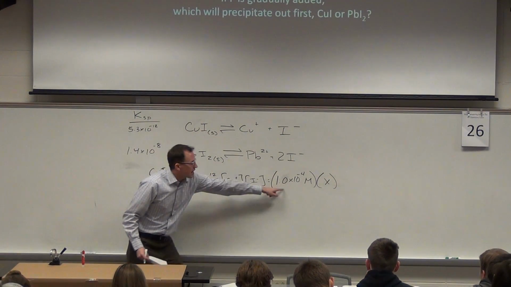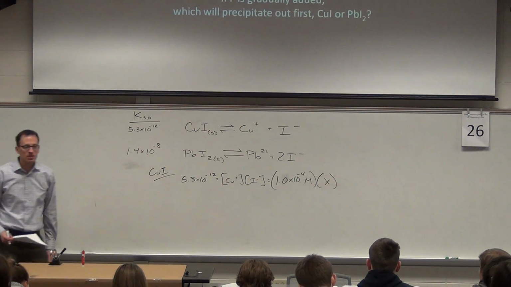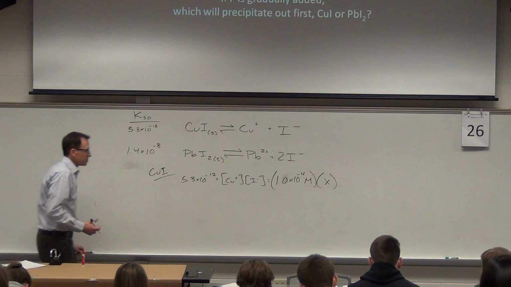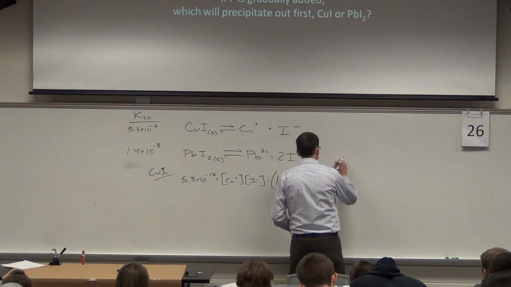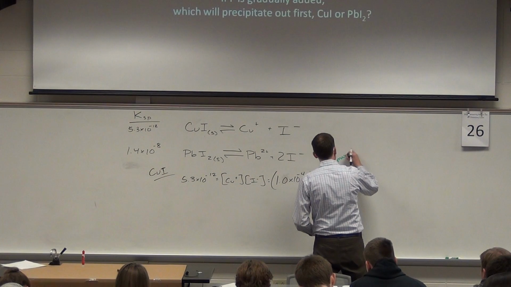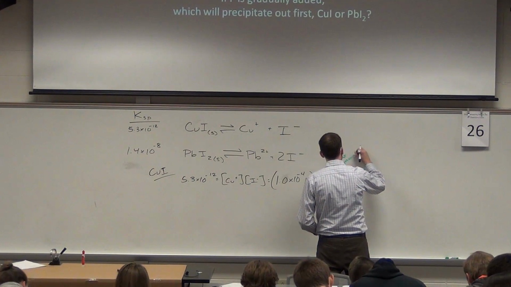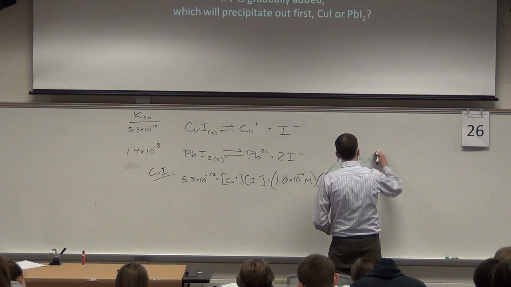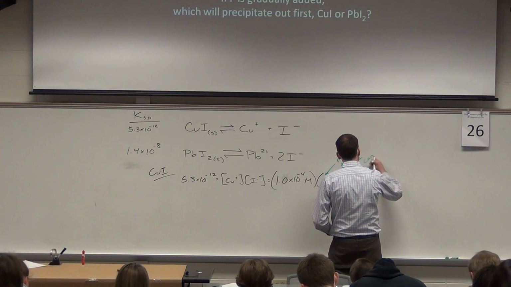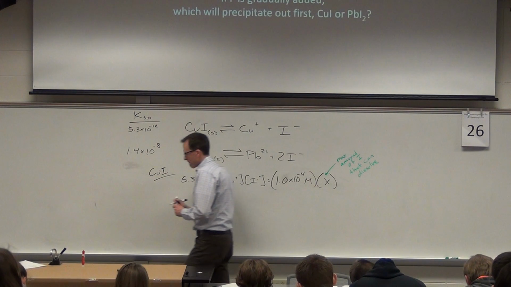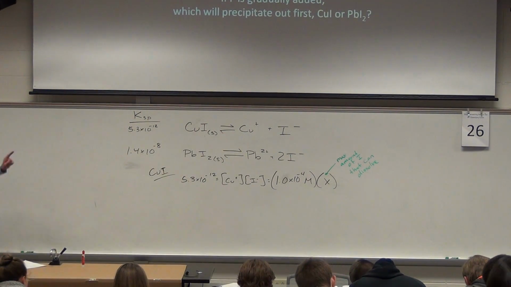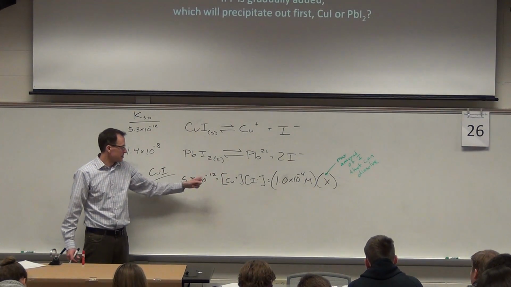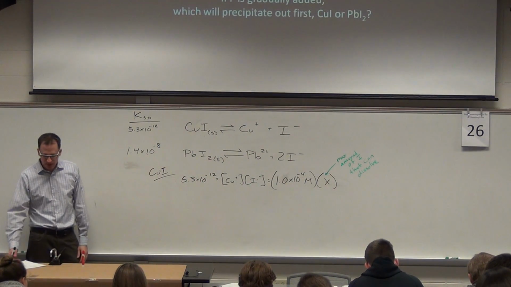This comes from the copper in the problem. I don't know how much iodine. What if I just slowly add it? What I'm going to figure out is the maximum amount that can dissolve in relation to the Ksp.